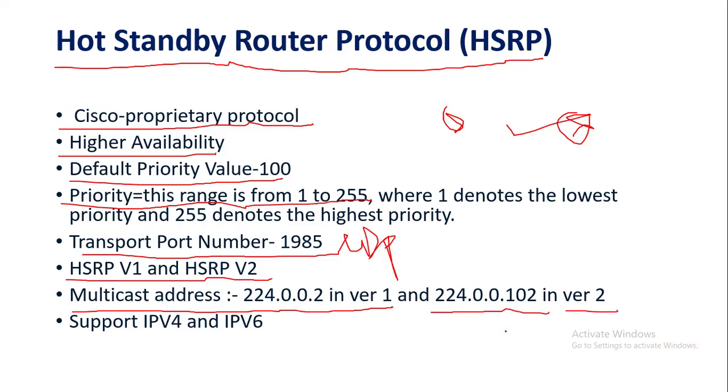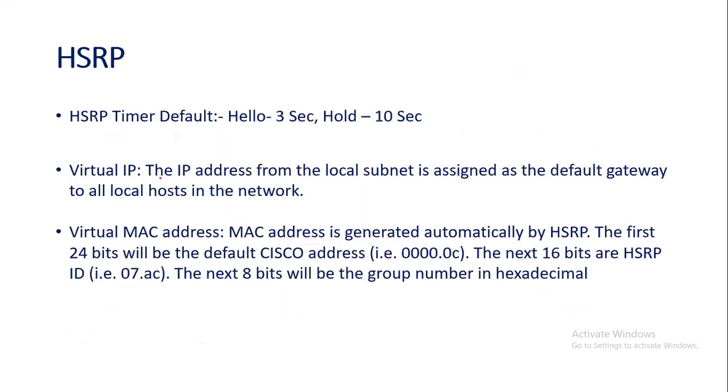HSRP version 2 supports IPv4 as well as IPv6. Let's discuss some timers. By default the hello timer is 3 seconds and the hold time is 10 seconds. You can change it as per your requirement.